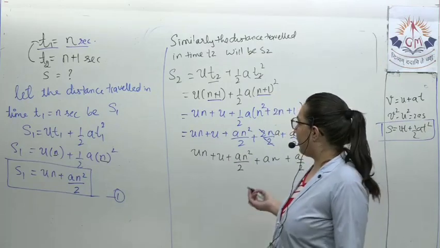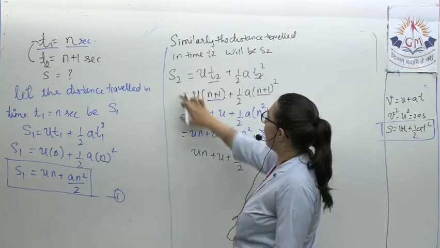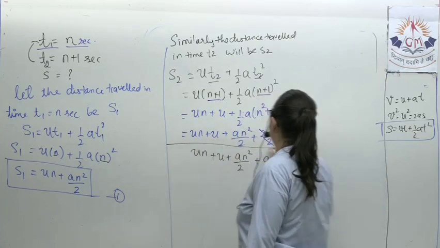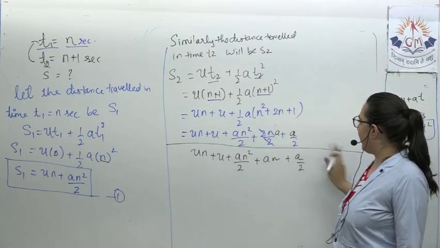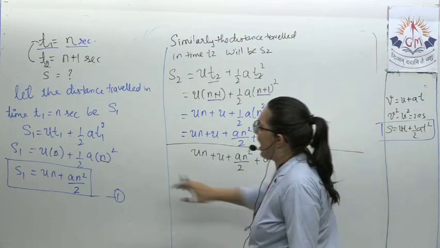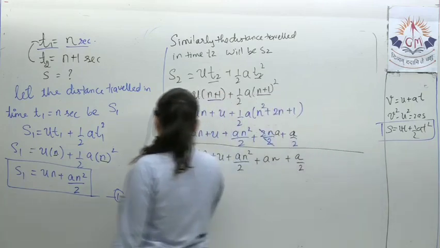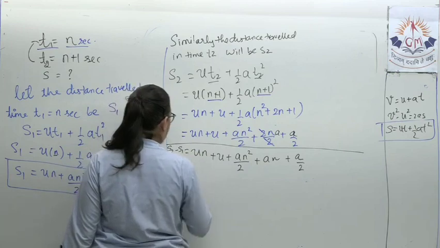So again over here we will subtract s1 and s2. Which one is the bigger one? s2. In order to find out the difference between them, we need to minus. So from this s2, I am subtracting this s1. So s2 minus s1 is equal to this.